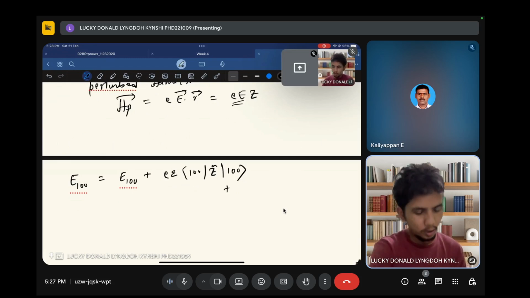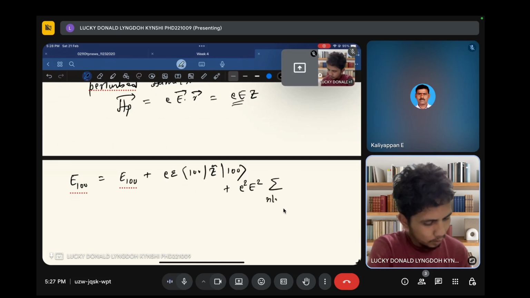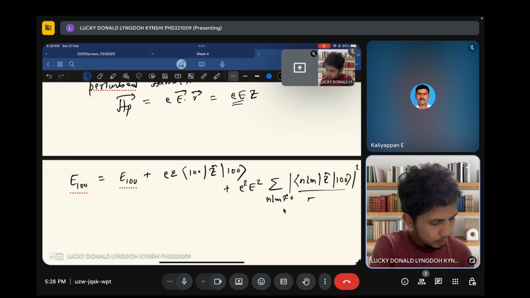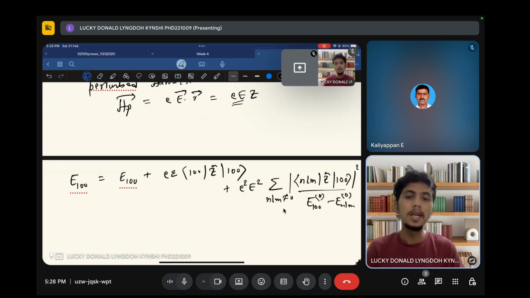It's the square of it: e squared, summation over nlm not equal to 100, |<nlm|z|100>| squared divided by E_100 minus E_nlm. This is your correction term.